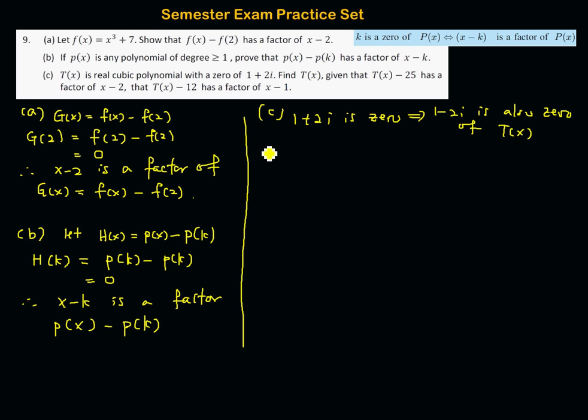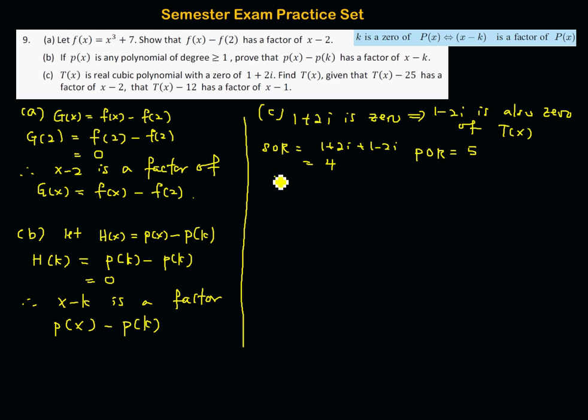So the sum of roots, this plus 1 minus 2i, will be 4, and if you calculate the product of roots, you will get 5.